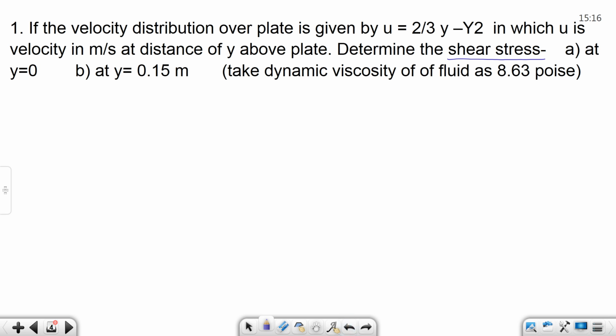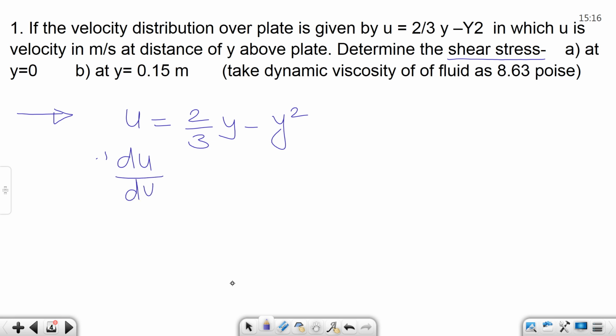We'll start. Very simple equation, u is given, so I'll solve the problem. Velocity distribution u is given as 2/3 y minus y square. As we know, the velocity gradient is the derivative of u with respect to y.